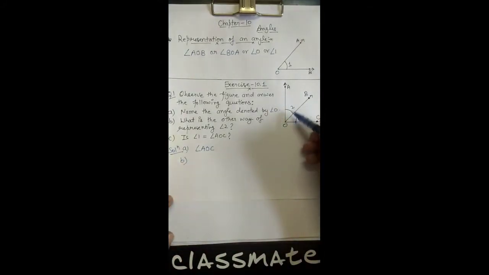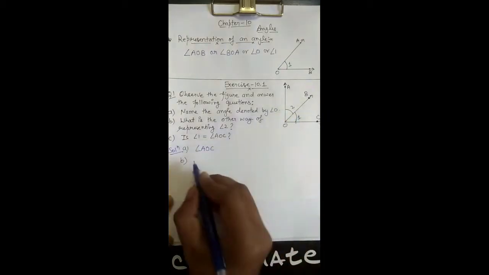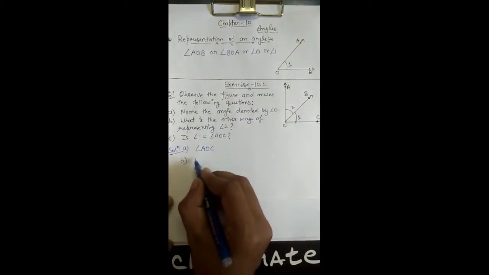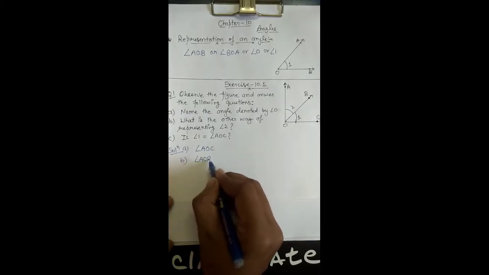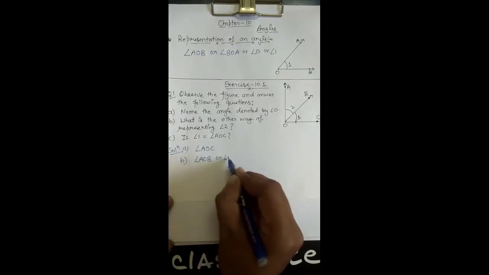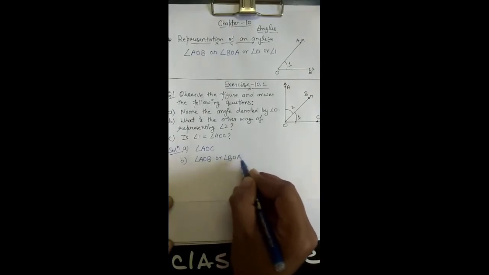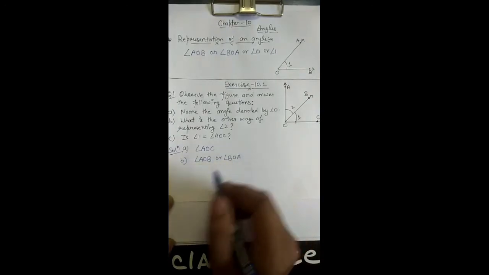This is angle 2 between OA and OB. So you will write AOB or BOA. In both ways you can represent angle 2.